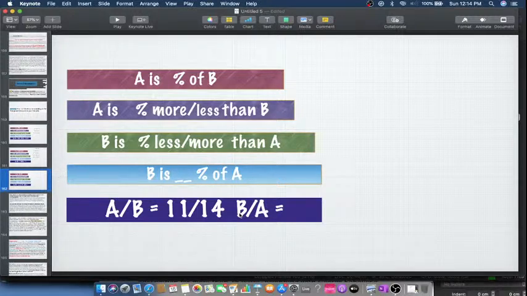So Devarpita says A is 78.54% of B. The reduction is 3 by 14.